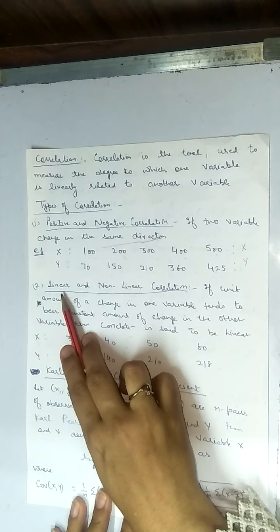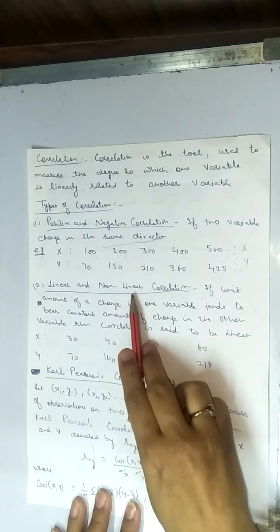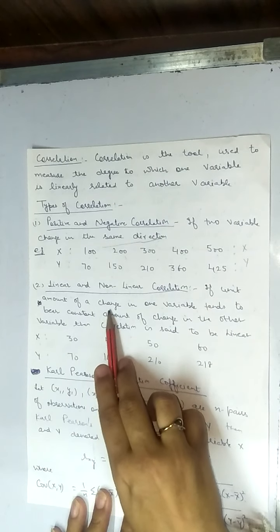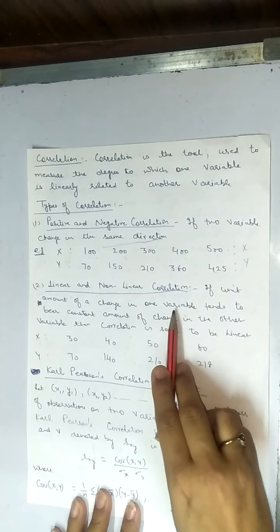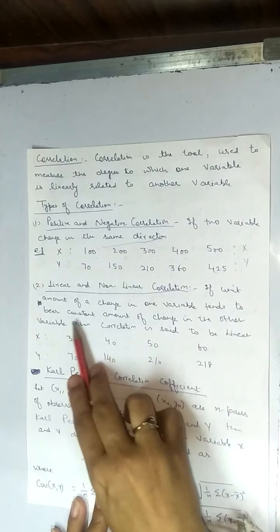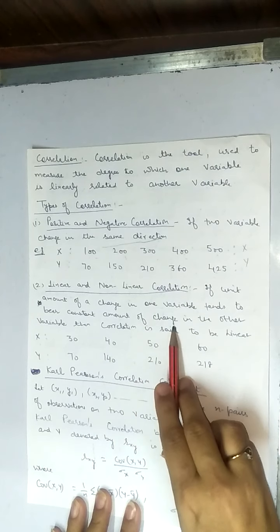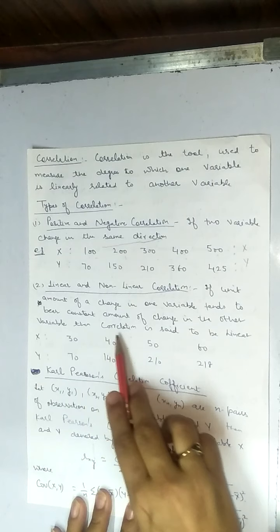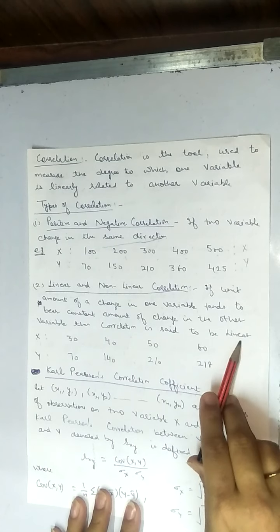Next is linear and non-linear correlation. If a unit amount of change in one variable tends to bear a constant amount of change in the other variable, then the correlation is said to be linear.